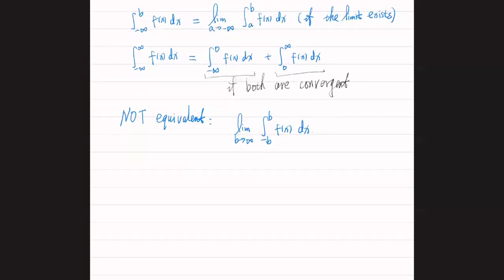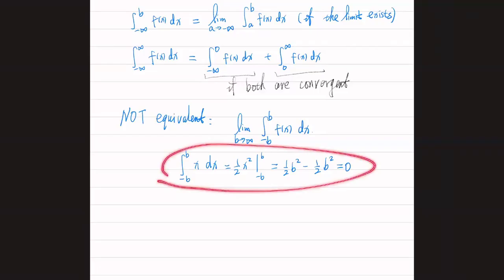A typical example is this one, because we can integrate it: 1/2 x squared. The value at b and at negative b are the same, so the difference will be 0. For this function, the integral is 0 for any b.